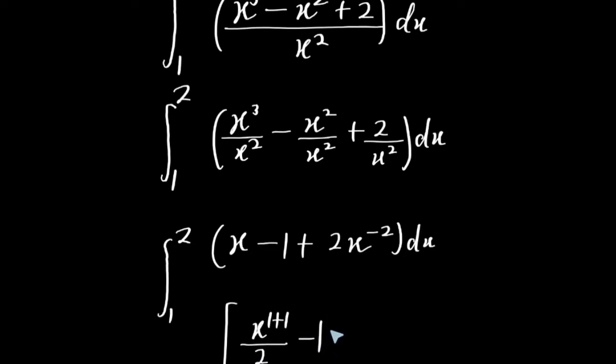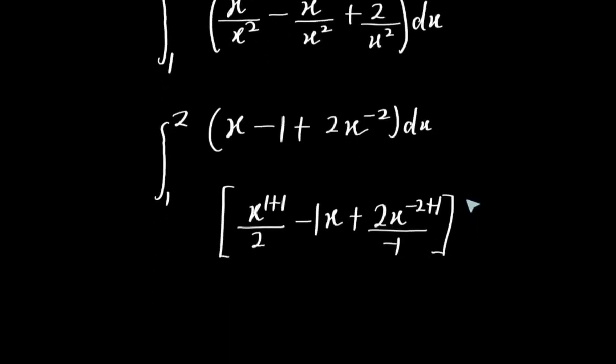Then the 1, multiplied by x, gives x. Then for 2x^(-2), adding 1 to the exponent gives negative 1, so we have 2x^(-2+1) divided by negative 1, bracket close.